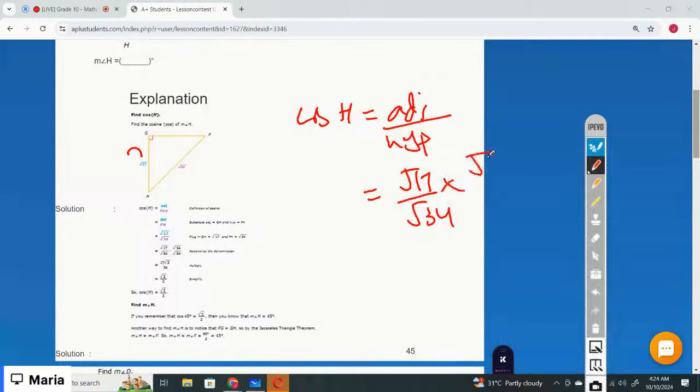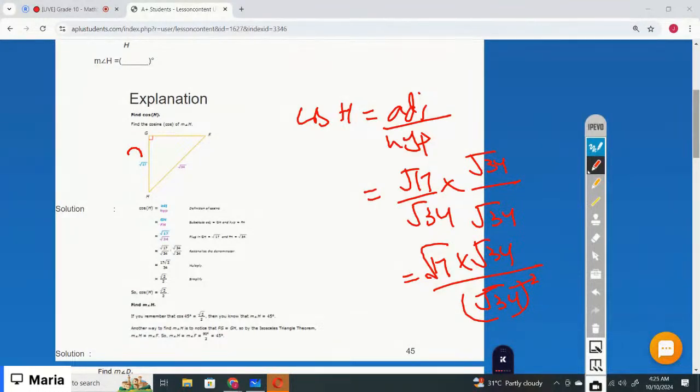So you can rationalize by multiplying by root 34. So that is square root 17 times square root 34, and here you have 34 squared, right? So the square and square root cancel out. You are left with 17 times square root 34.